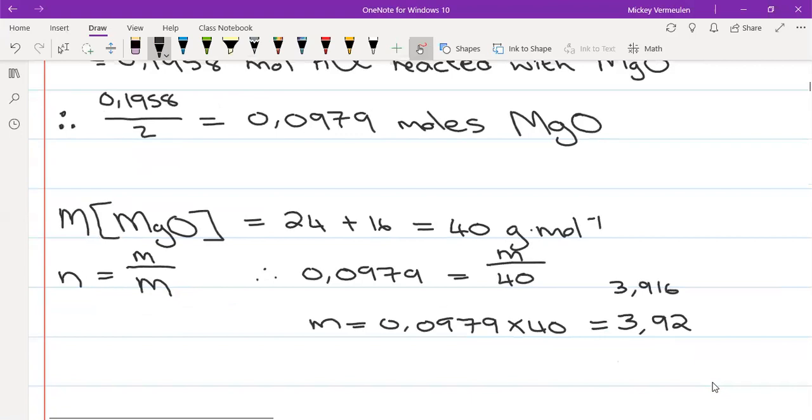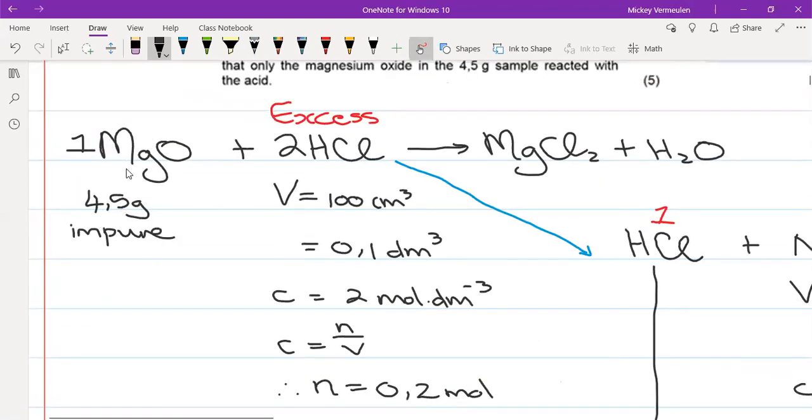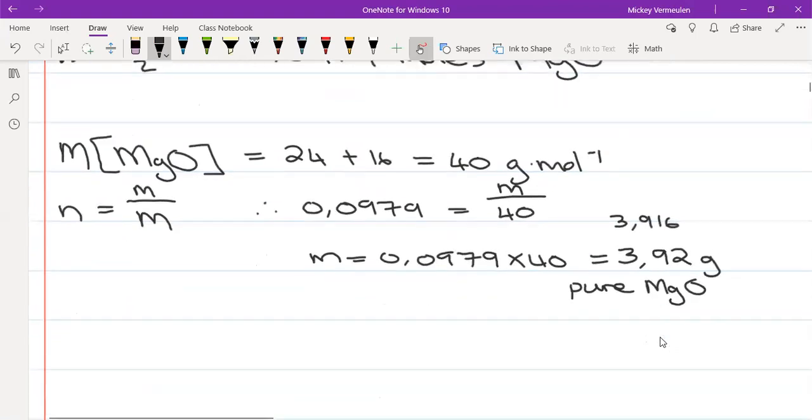Okay, again, we need to interpret what we are calculating. Right, so this is the mass of pure magnesium oxide. We know that they added 4,5 grams, but it was impure. So of the 4,5 grams, only 3,92 grams is actually pure magnesium oxide.